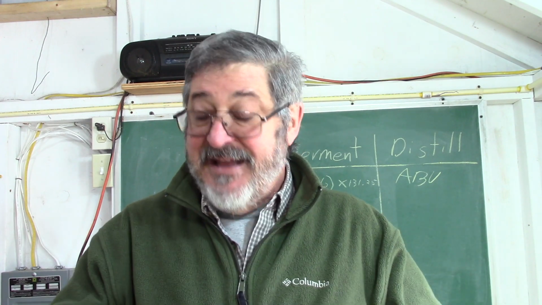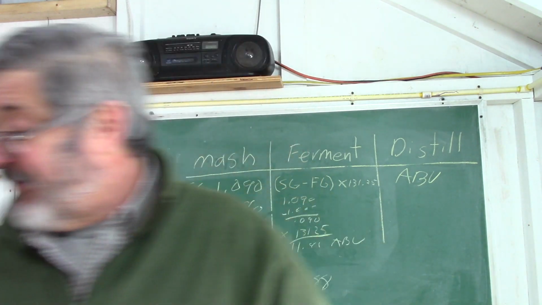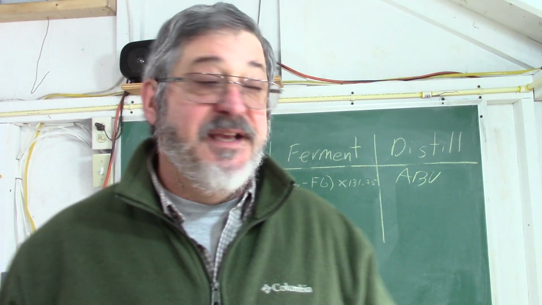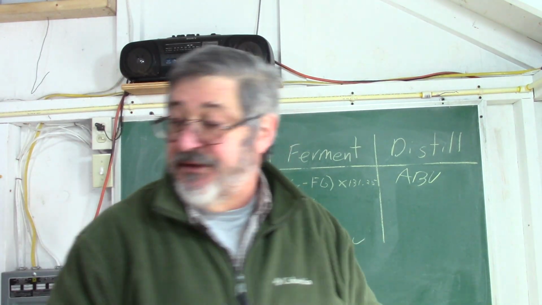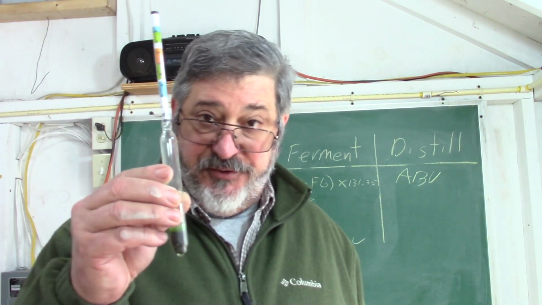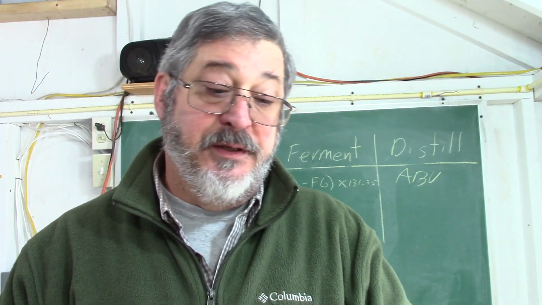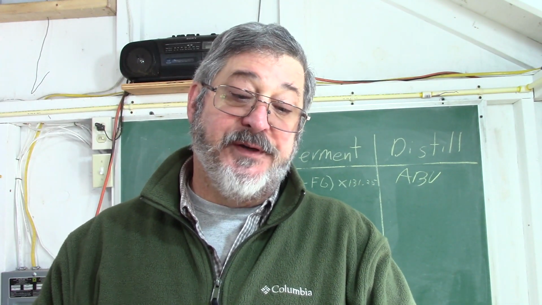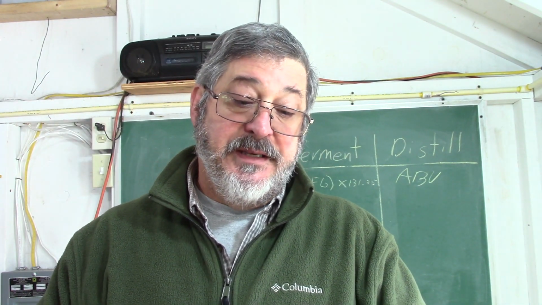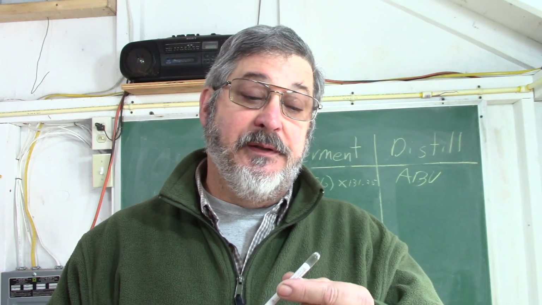Okay? Now, just the other thing I want to show you is, once we get over here, we do not use this hydrometer anymore. We are going to use what they call a proof and tralle hydrometer. Now, it's going to have two scales on it.